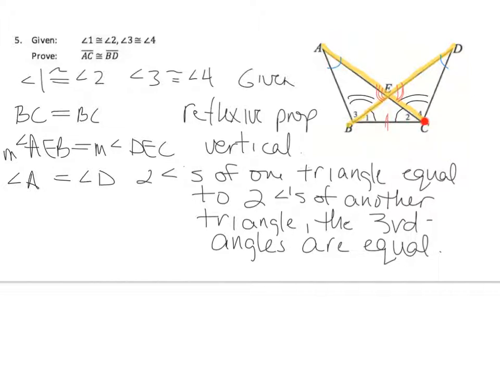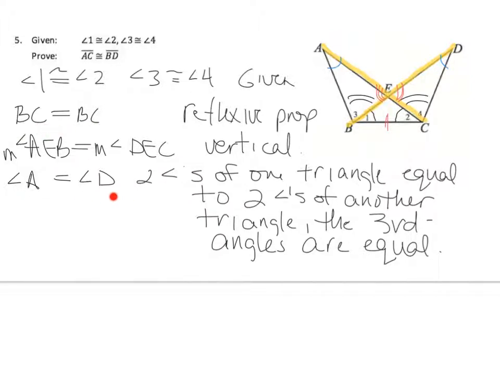So I have side, angle, angle. That doesn't work. Yes, it does, because that doesn't spell a bad word. Yay! So right here I have side, angle 2, and angle A, congruent to side, angle 1, and angle D. I already have 1 is equal to 2. That's given. I have BC equal to BC. That's given, or that's reflexive.